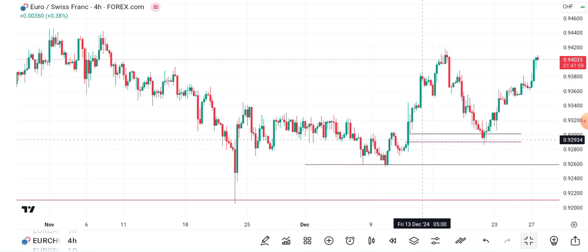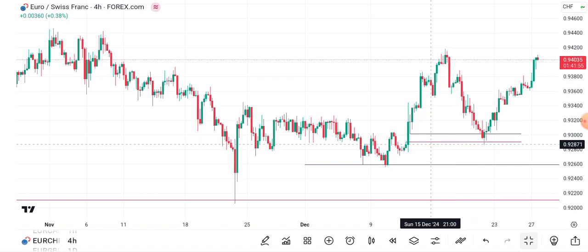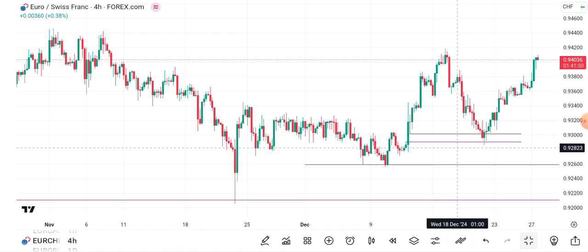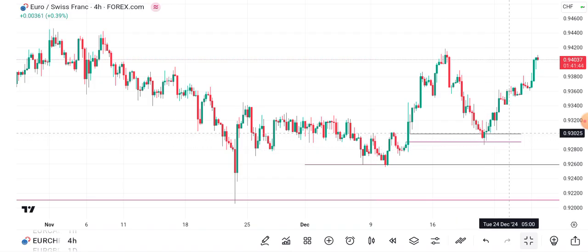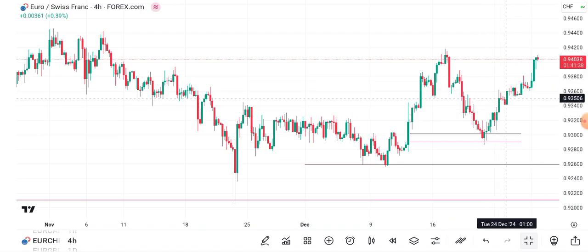A stop run, a break of market structure higher, and then a small fair value gap here that price would have loved to come into, and you can see that price retraced into it before taking this high movement. So it is this movement higher that we want to check how we would have traded. This is a 4-hour time frame.